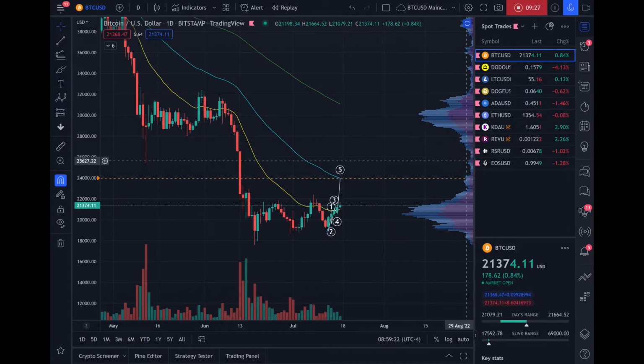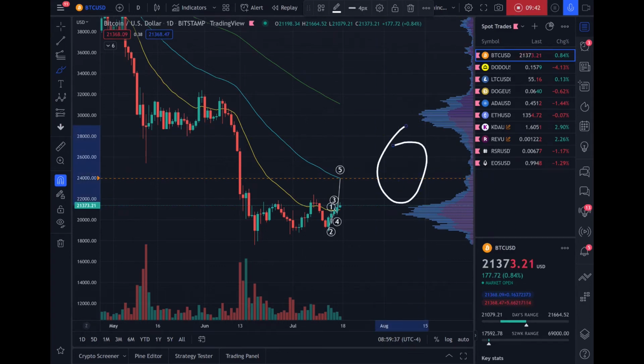And this is something that the VPVR, our horizontal volume indicator, is saying. Our horizontal volume indicator is basically saying that between 20,000 and 30,000 is an abyss. And just as we lost 30,000 and we went immediately down to 20,000, in the same way, we should theoretically break 20,000 and then move swiftly back up to 30,000.